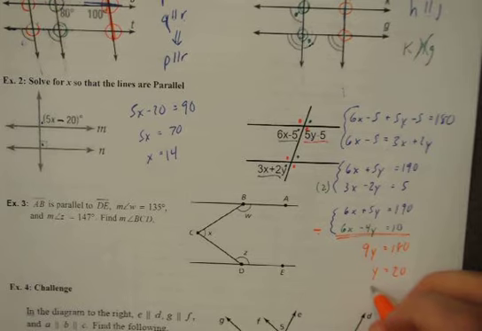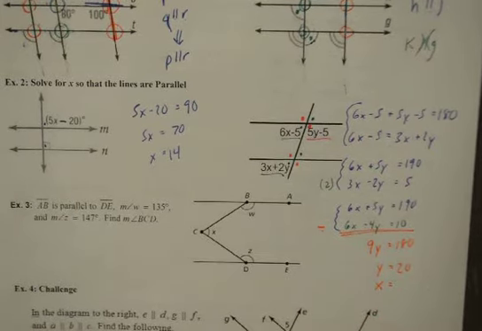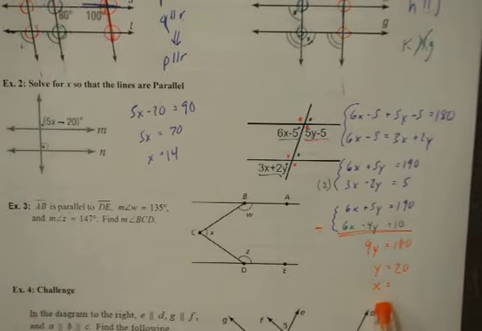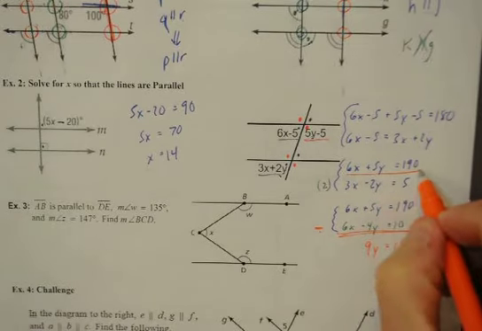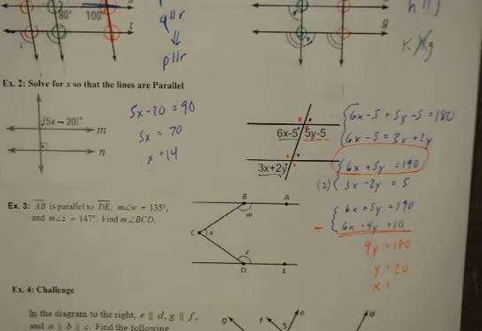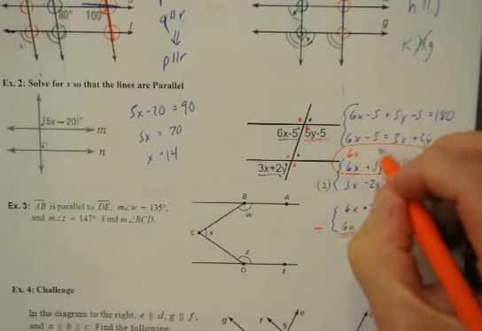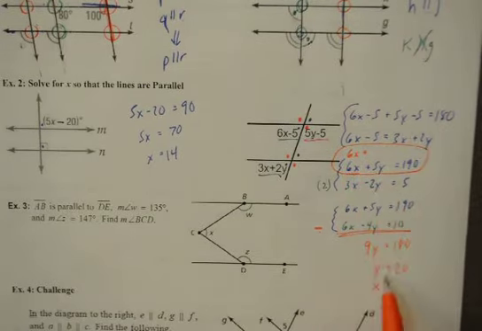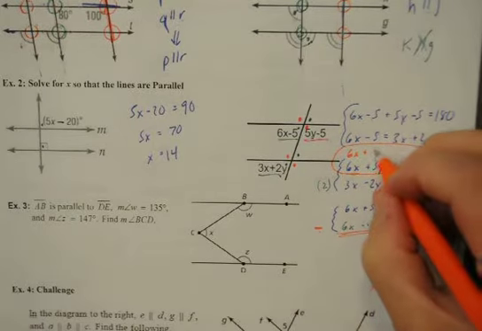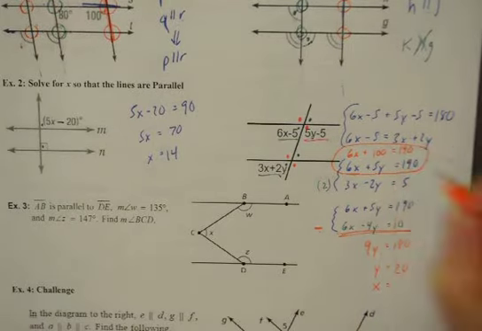Once you solve for y, you go back and solve for x. You can plug y into any of these equations. y is 20. So for example, let's use this one. We could do 6 times x plus 5 times 20, because remember y is 20, plus 100 is equal to 190.